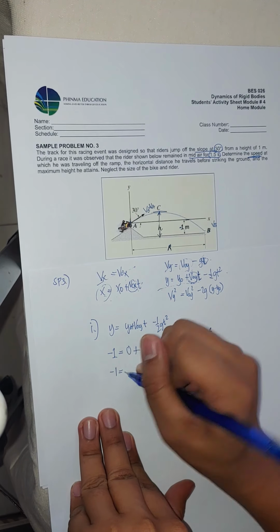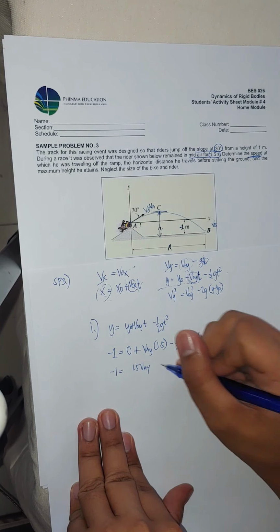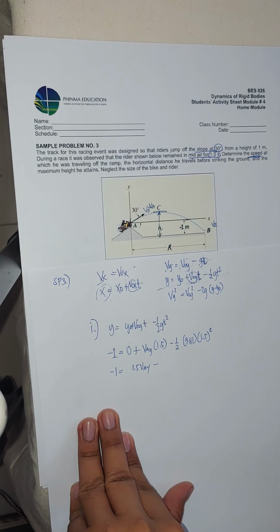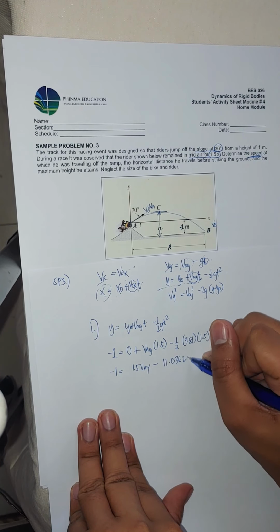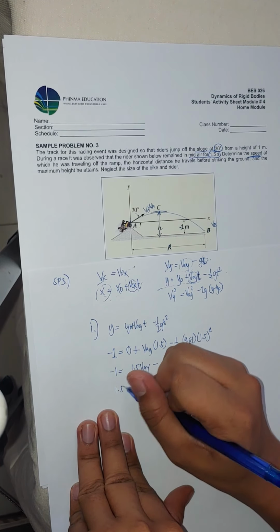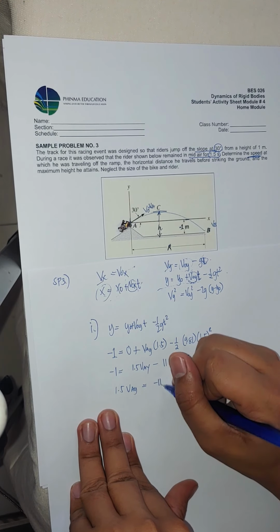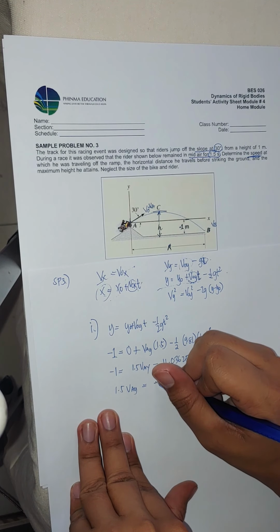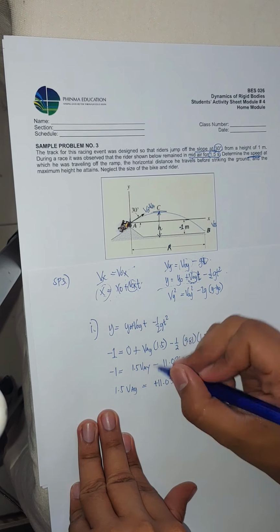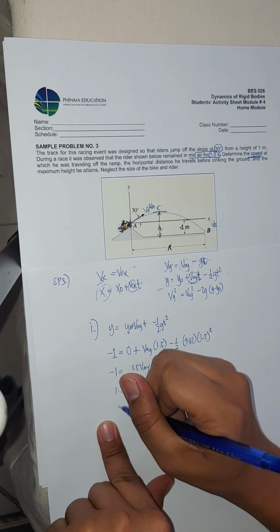So we have negative 1 = 1.5 VAy minus 11.03625. Simplifying, 1.5 VAy = 11.03625. Sorry, this is already positive after transposing, and then minus 1.